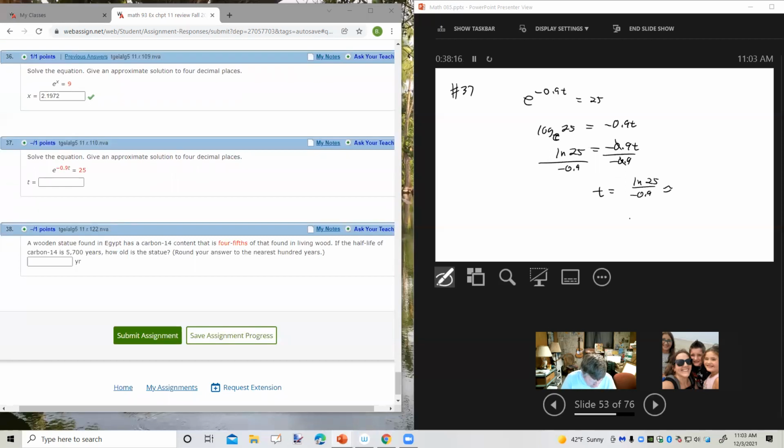And we get negative 3.57652. The 2 would round down, so negative 3.5765.